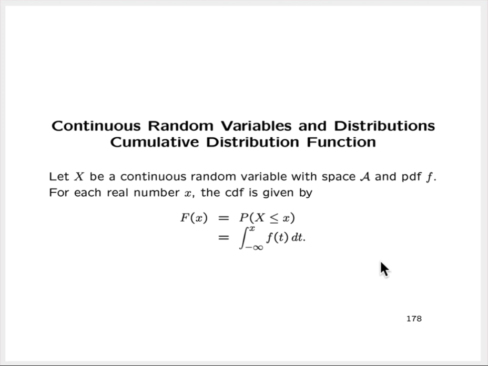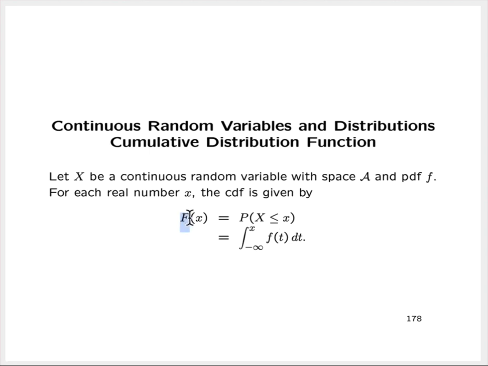So let X be a continuous random variable now with sample space script A and PDF lowercase f. And for each real number x, the CDF is defined by this expression here. So again, we're going to denote the CDF using an uppercase version of the same letter that we're using to denote the PDF. So we're using lowercase f to denote the PDF in this notation.